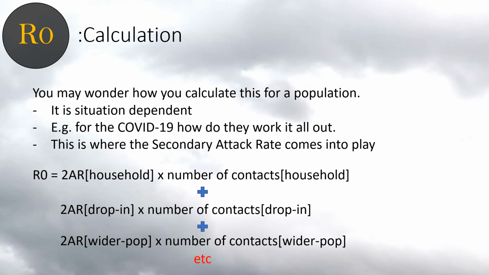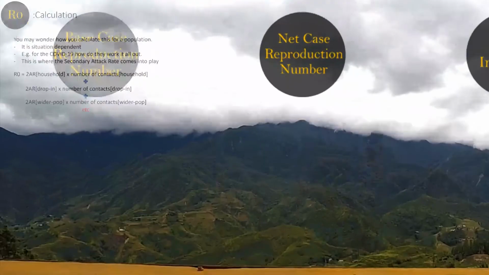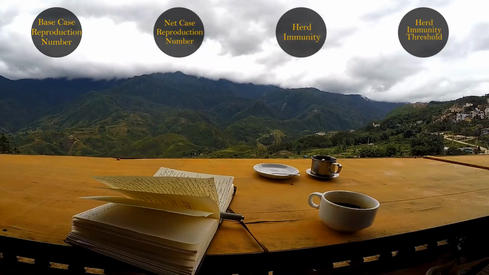However, I would like to mention that because each area around the world has slightly differing behaviors, and differing control measures for the infection, it means that the R0 will be different.